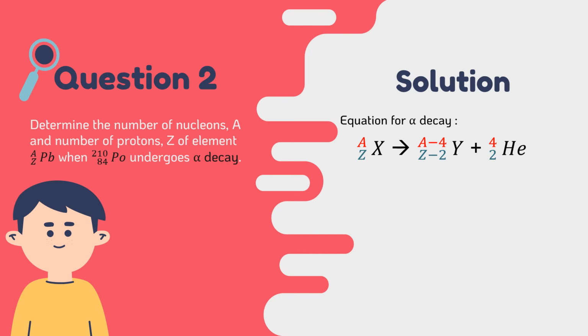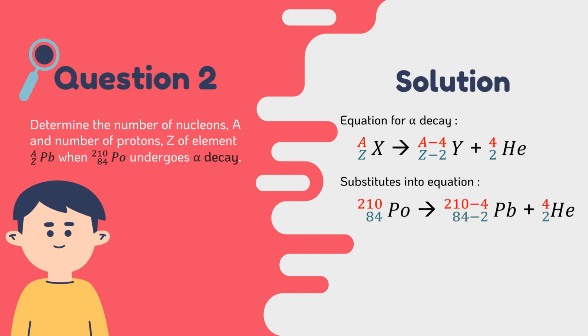As we just stated, we have extracted the information, isn't it? Now it's time to substitute the information into the equation. Polonium-210 will decay into lead plus helium-4, but we are still looking for the nucleon number and the proton number for lead. So, do you still remember how we are going to settle this? Yes, very good.